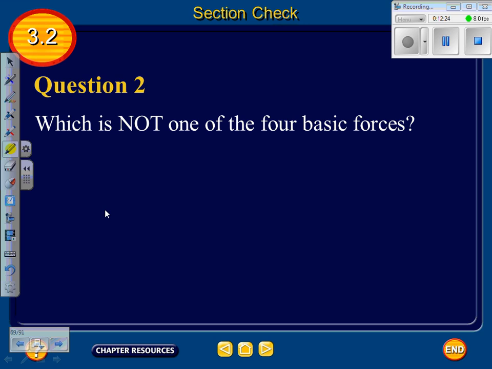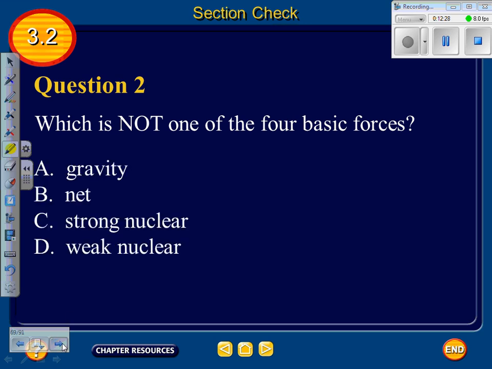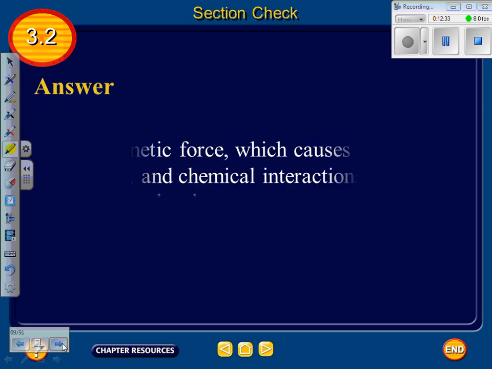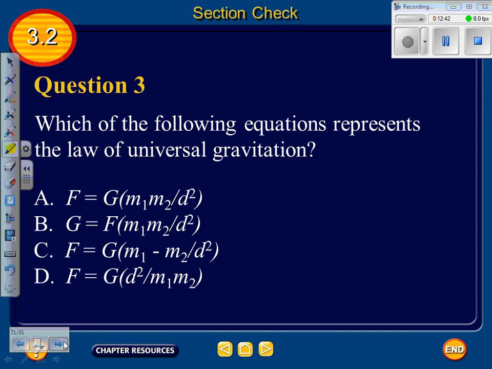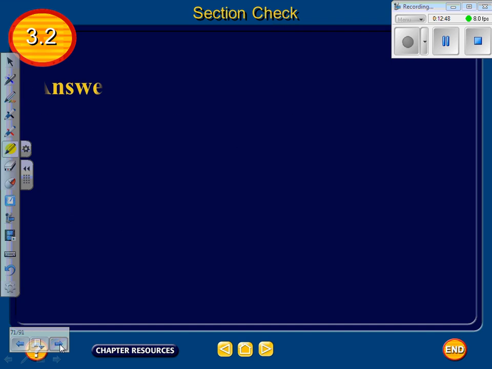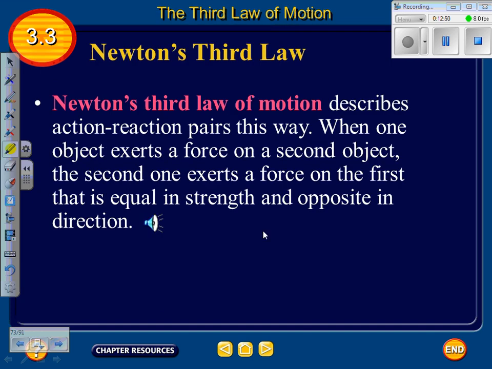Which is not one of the four basic forces? Question 3. Which of the following equations represents the law of universal gravitation? That concludes the lecture notes for chapter 3, section 2.